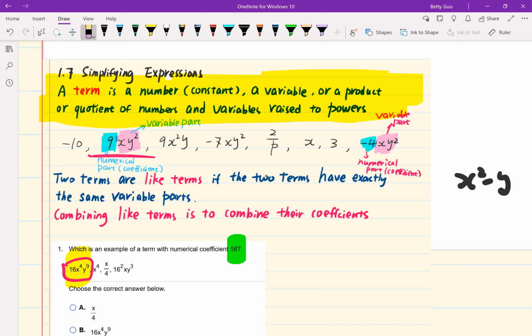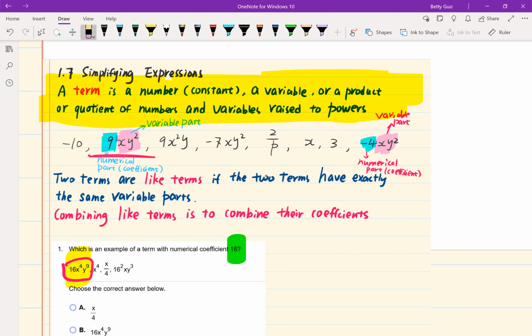Yeah, so the easy way to identify terms is you don't see addition or subtraction. Sometimes I define terms as parts in the expression which are separated by plus or minus or equal sign.